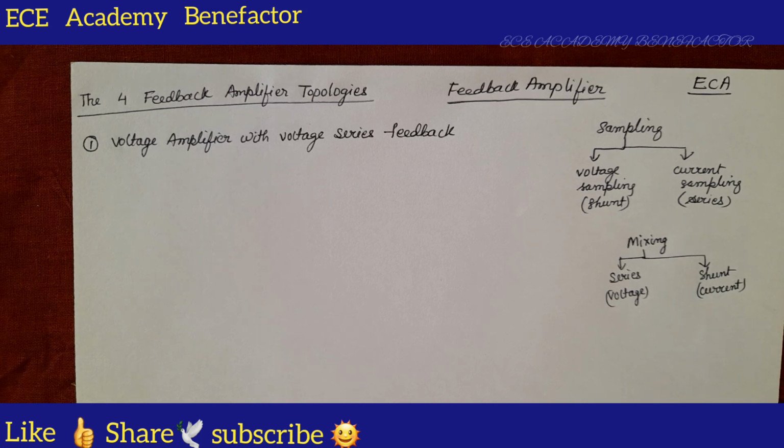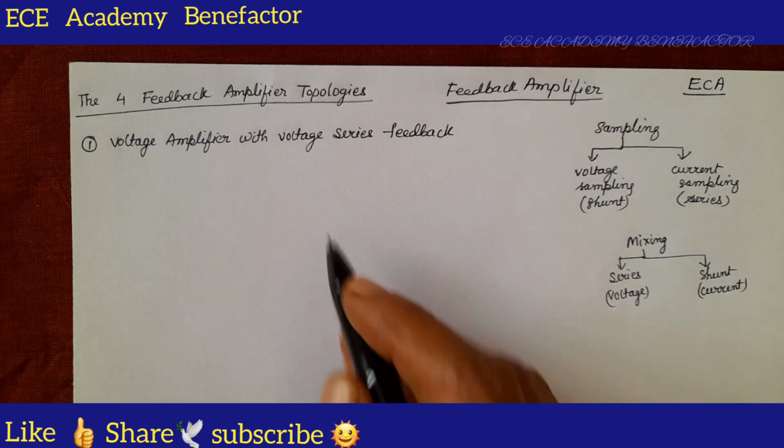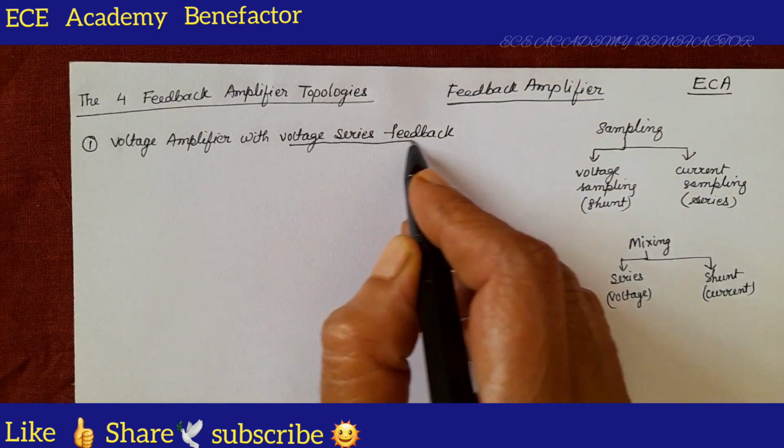So there are 4 feedback amplifiers: voltage series feedback amplifier, current series feedback amplifier, current shunt feedback amplifier and voltage shunt feedback amplifier. Let us start with the voltage series feedback amplifier.